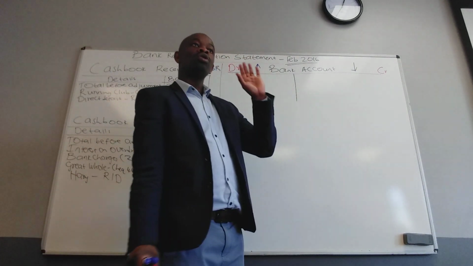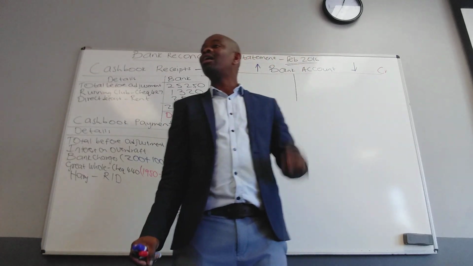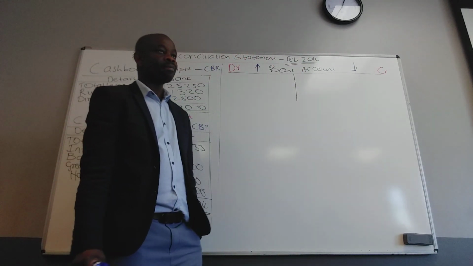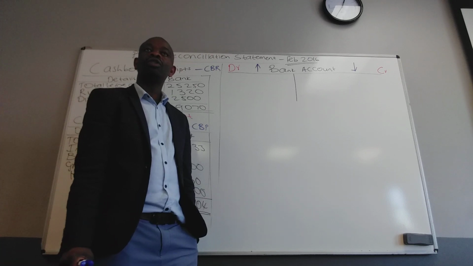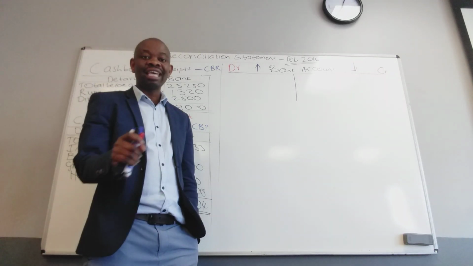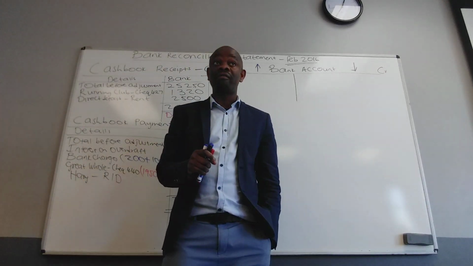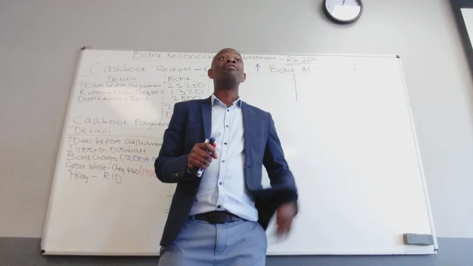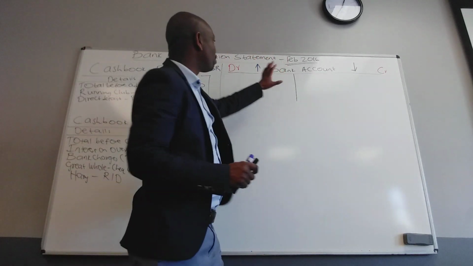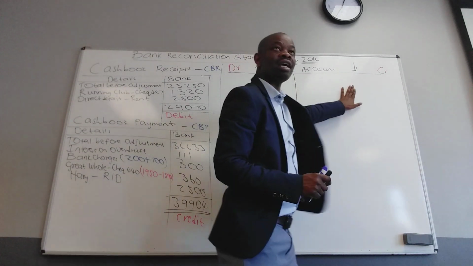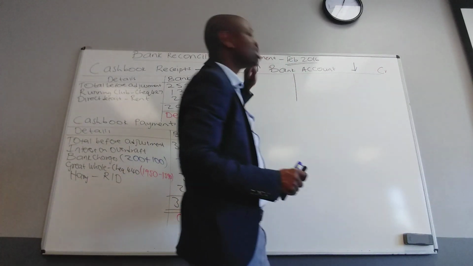It's written for you there. Did you find it? Yes. Be careful, not bank statement, bank account. Is it favorable or unfavorable? Favorable. So what does favorable mean on the bank account? This side or this side? This side, as you can see, the arrow goes up here.